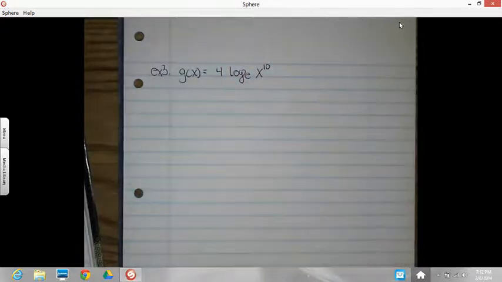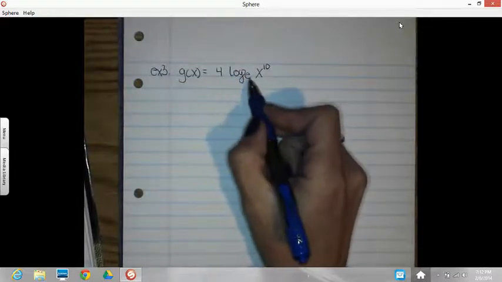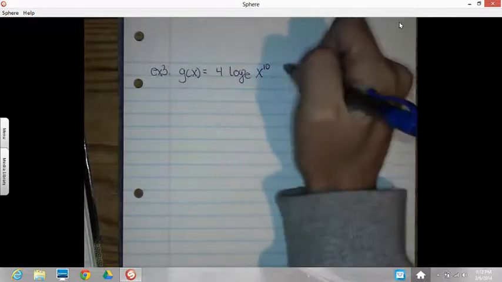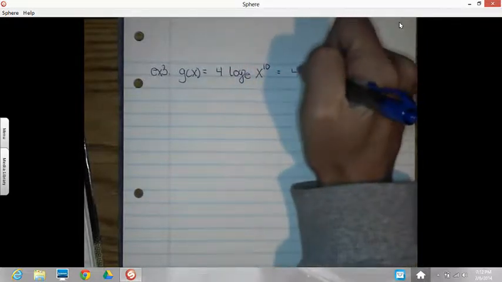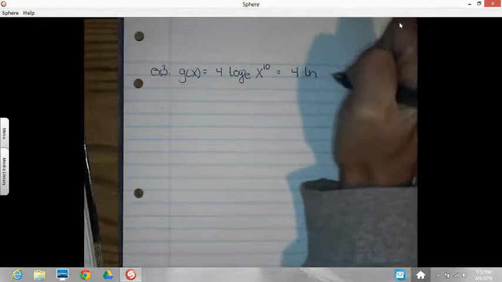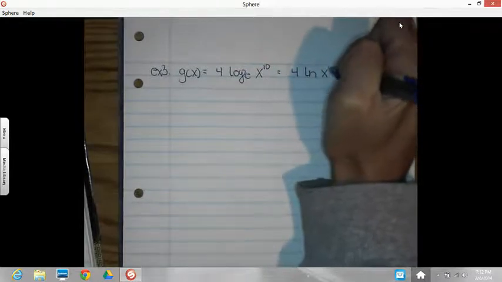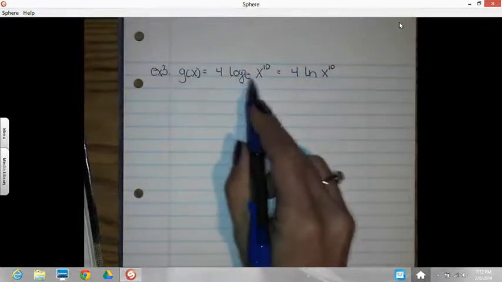Okay, first of all, hopefully you realize log base e is the natural log function. I don't have to do a change of base here. I'm just going to rewrite it with a natural log. Log base e is the natural log function.